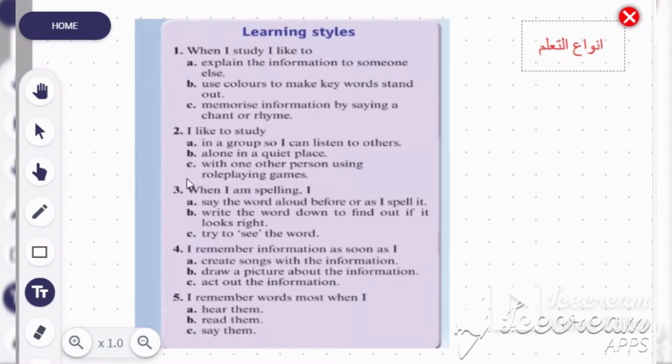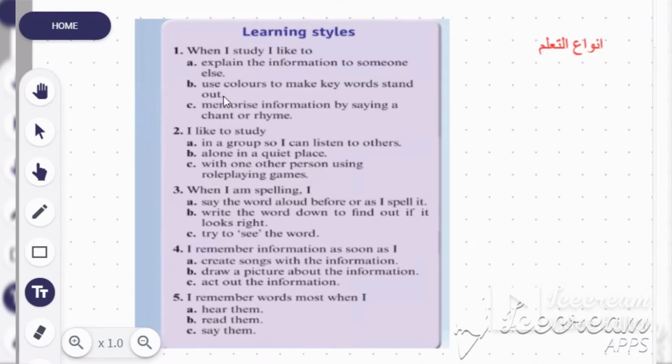The first question of our learning styles is: when I study, I like to explain the information to someone else. Explain, نشرح, to someone else. Use colors to make keywords stand out.